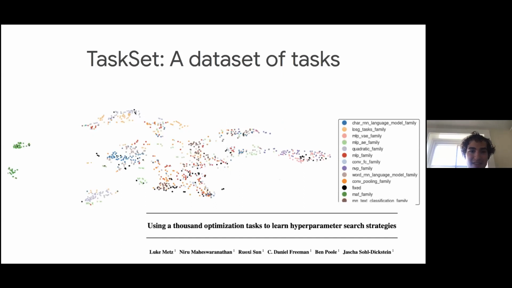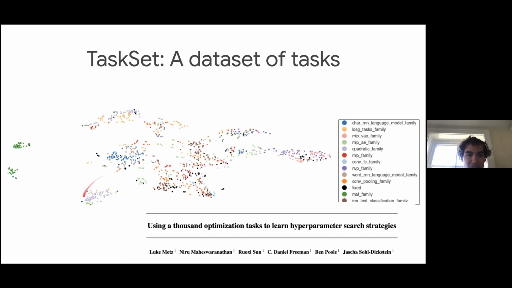We did this in another paper and released a data set called TaskSet. This is a data set of tasks, and I'm showing here a t-SNE of that data set. How this is constructed is I create a feature space that is based on performance of hand designed optimizers, and then I do a dimensionality reduction.